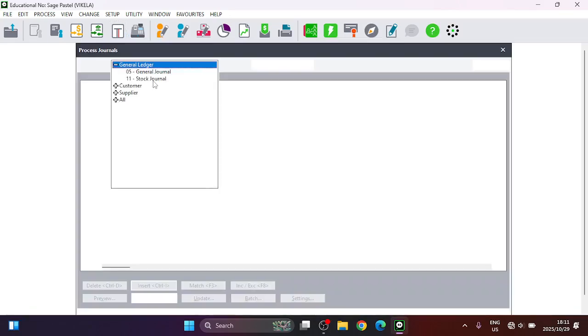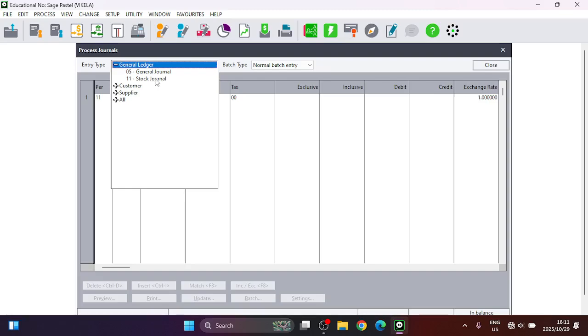So I'm going to now start off by finding the inventory journal that you'll be using. Pastel uses stock journal. Waiting for it to open on the journals, you're going to find general ledger and you're going to find stock journal.